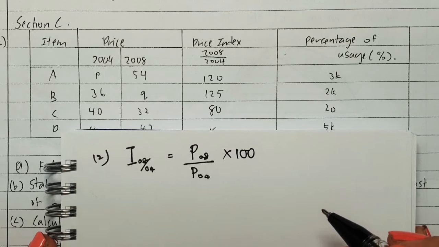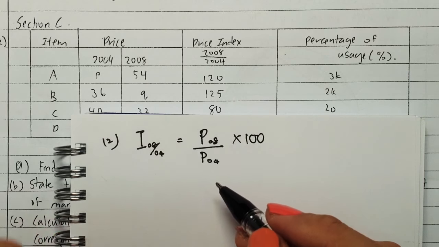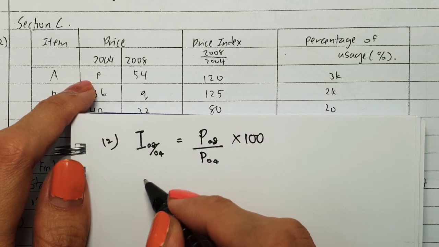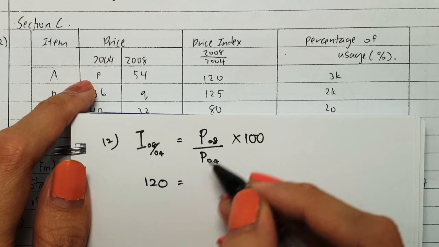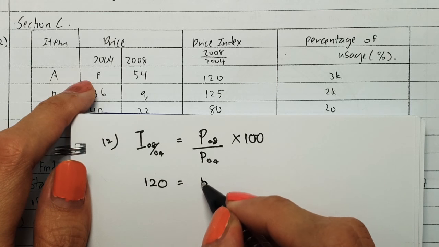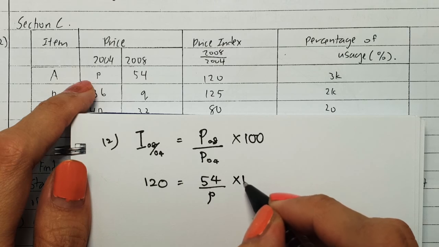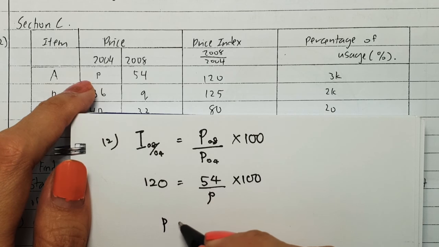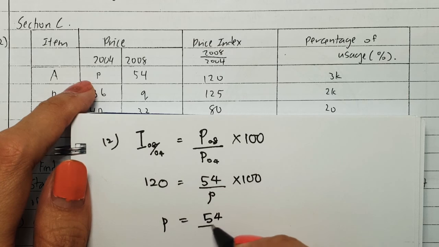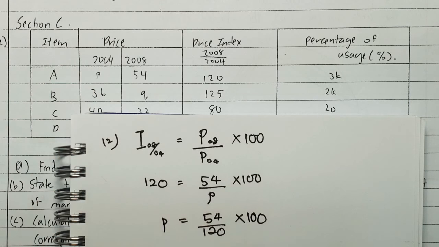So this is how we should start. And for P, the index is 120. The price in 2008 is 54. The price in 2004 is P. So we times 100. Therefore, P equals 54 over 120 times 100.